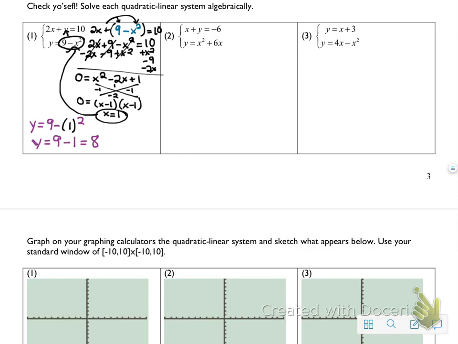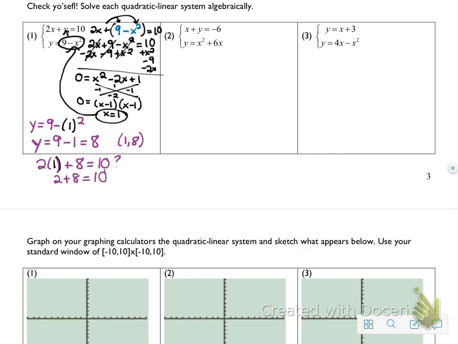So the only place that this should cross is at 1, 8. But let's just be sure that it works for the top equation, the 2x plus y equals 10. So we have 2 times 1 plus 8 equals 10. Does that really work? Well, yes, because 2 plus 8 equals 10.